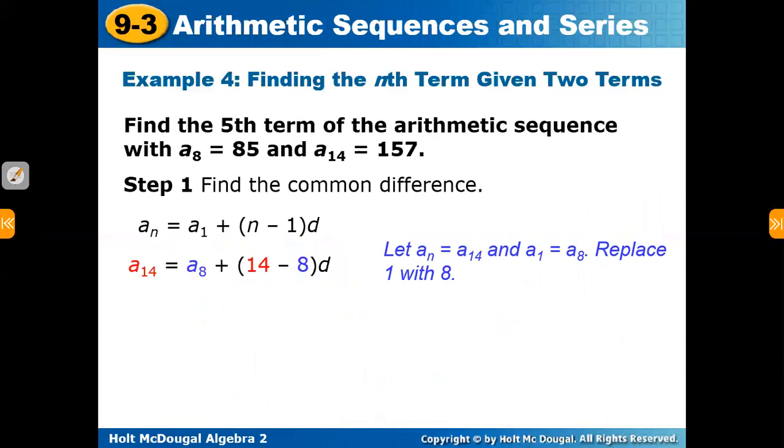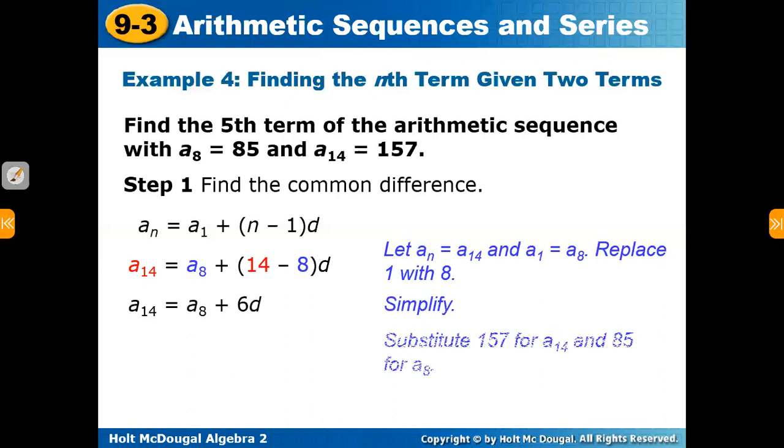So I can substitute: instead of doing n minus 1, I can do n minus 8. That is 14 minus 8 to get the value of D. So the answer will be the same. It is just the difference of methods.